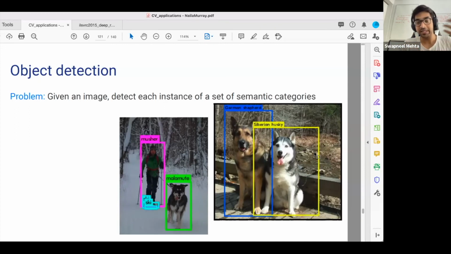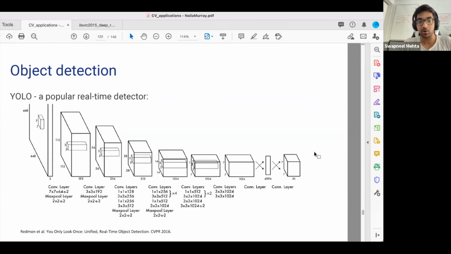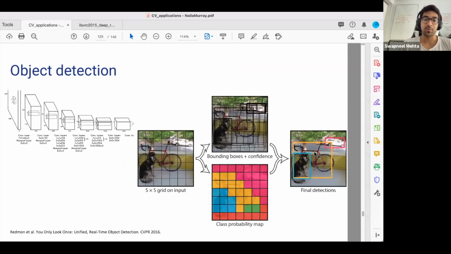And if you think a bit deeper, how do you really go about this? Well, here is a popular architecture, YOLO, which is a super good object detection network. There are actually YOLO V1, V2, V3. It is a good class of models that really worked out well, but I'm not going to get into the details. Instead, I want to talk about this problem.